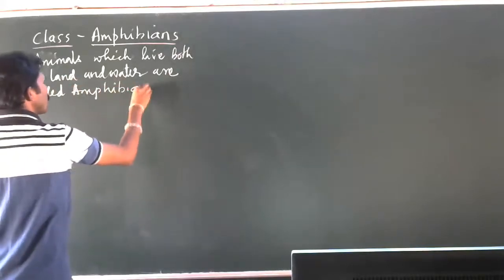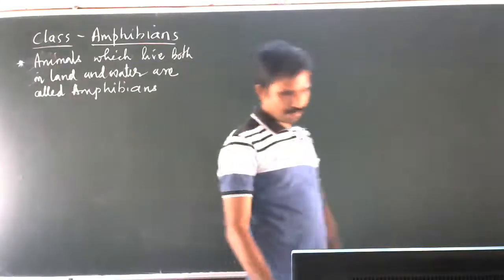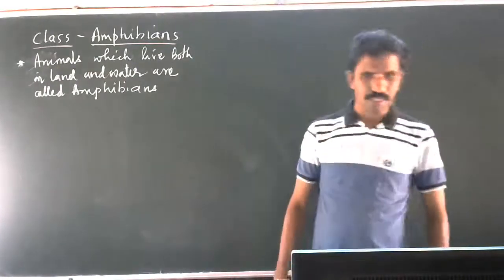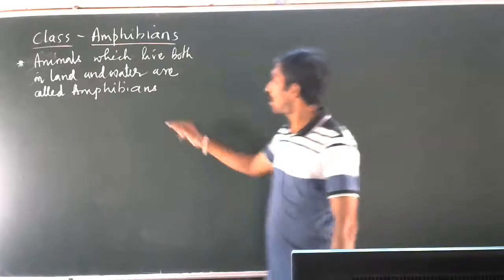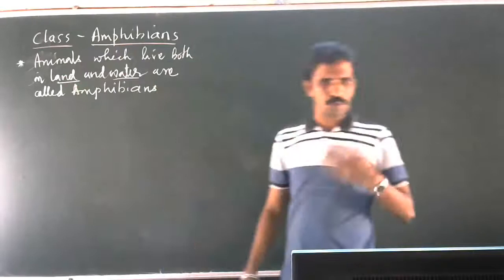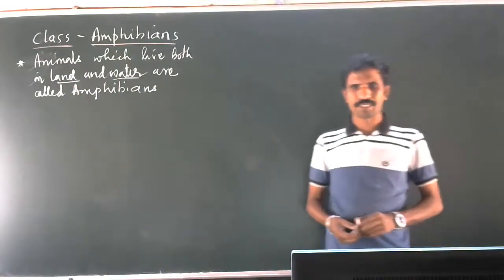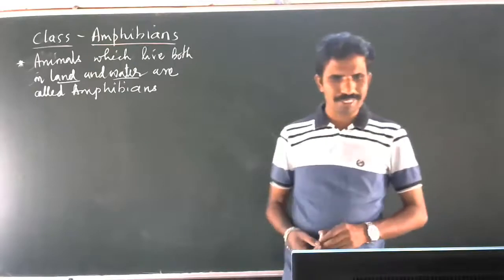Amphi means dual. So they have the ability to live in the water and also on land, because their body is designed like that. Understood? The body is designed like that.